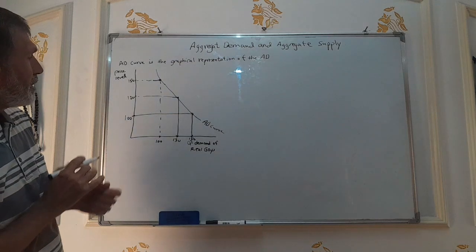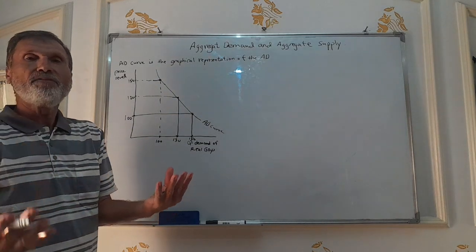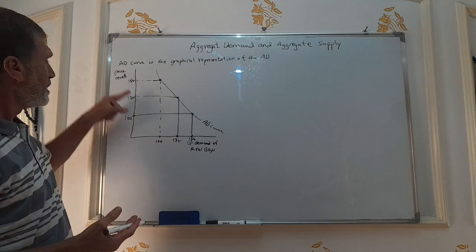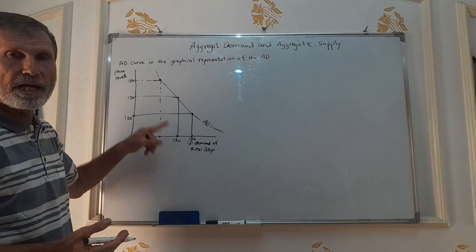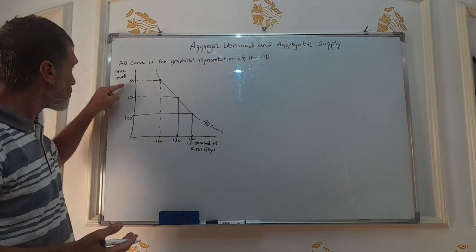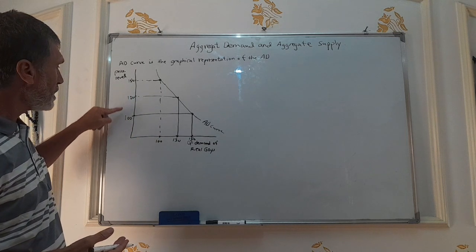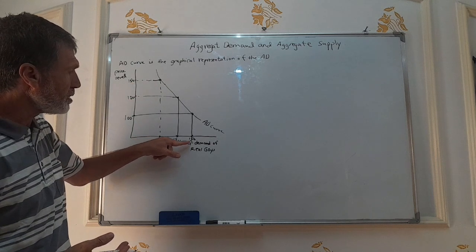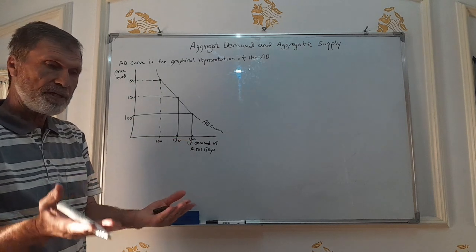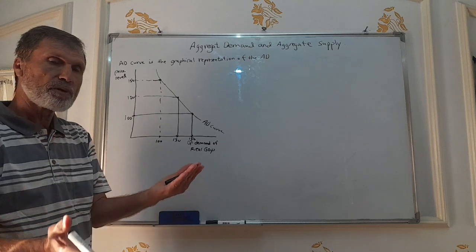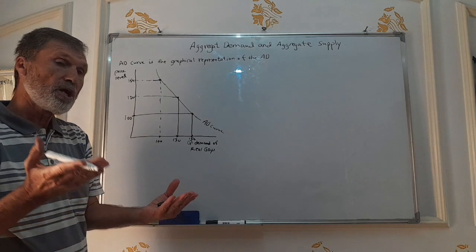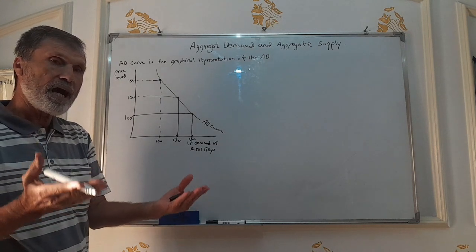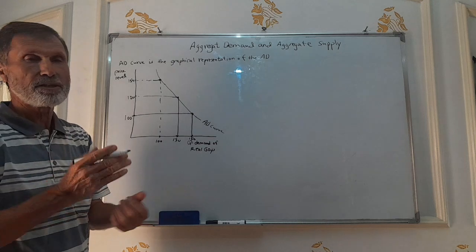So now we have an inverse relationship between the price level and the quantity demanded of real GDP. As the price level decreases from 150 to 120 to 100, the quantity demanded increases from 100 to 130 to 150. So we have an inverse relationship, and that gives us a downward sloping demand curve.